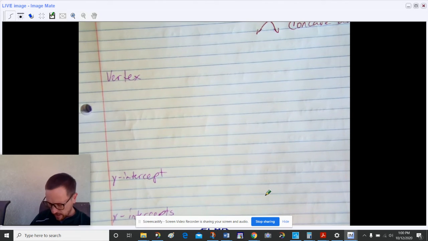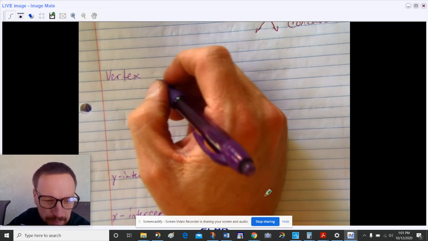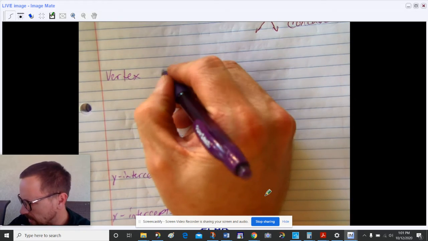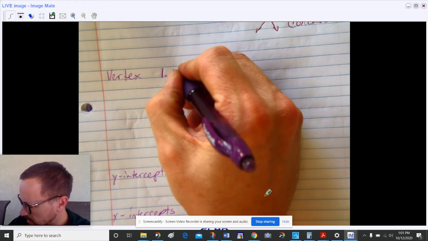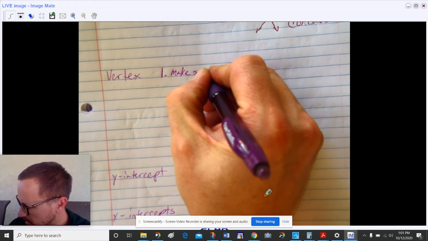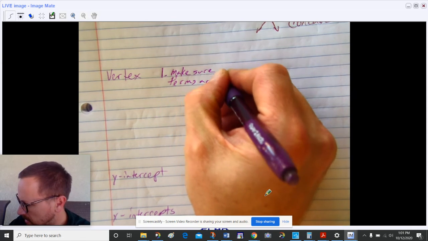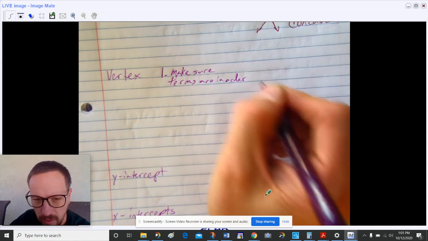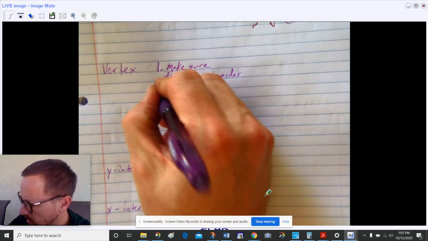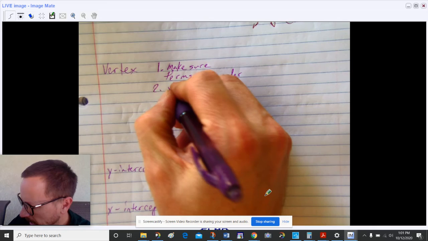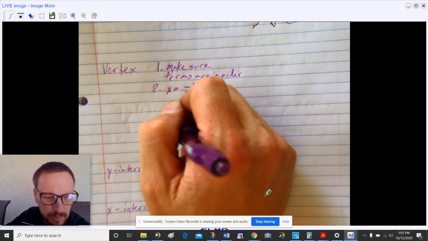All right, vertex. Now to find the vertex, step one, we want to make sure the terms are in order. Make sure the terms are in order. Step two, we're going to say x equals negative b over 2a.